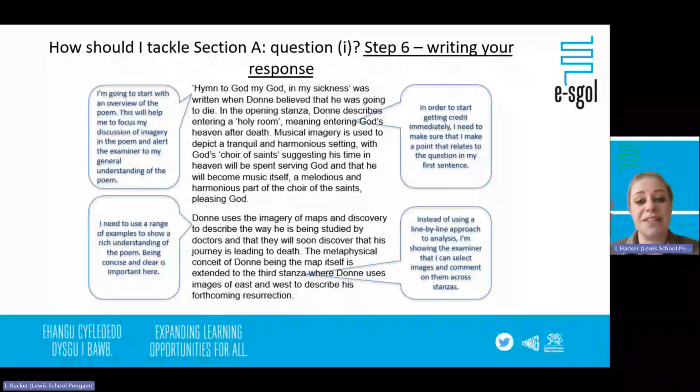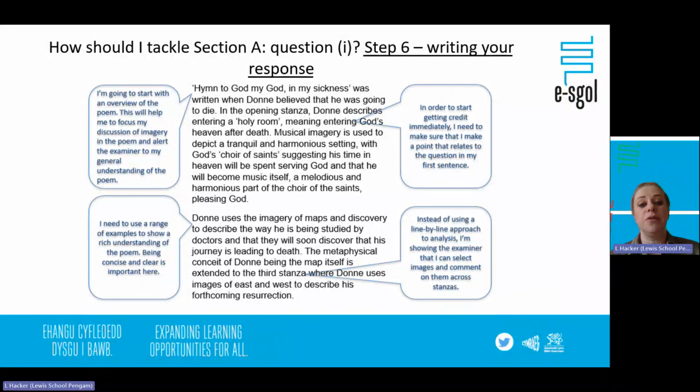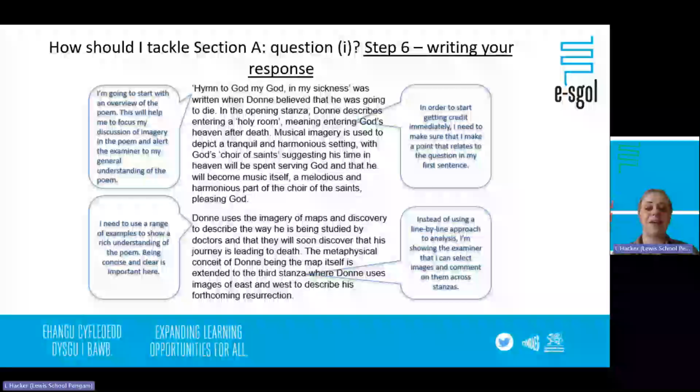In the opening stanza, Donne describes entering a holy room, meaning entering God's heaven after earth. Musical imagery is used to depict a tranquil and harmonious setting, with God's choir of saints suggesting his time in heaven will be spent serving God, and that he will become music itself, a melodious and harmonious part of the choir of the saints pleasing God.